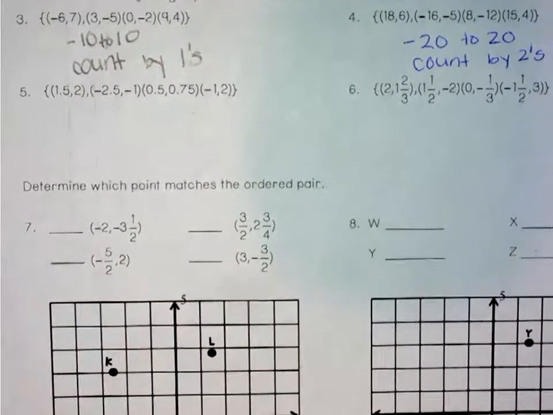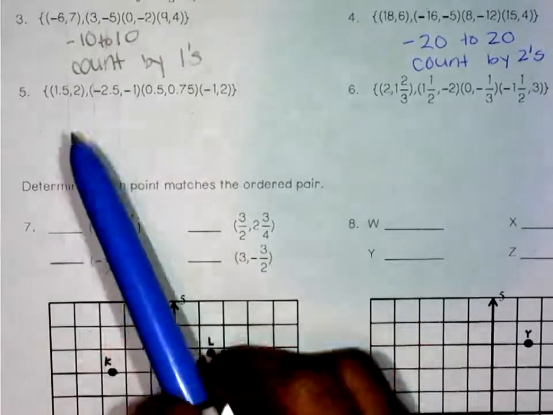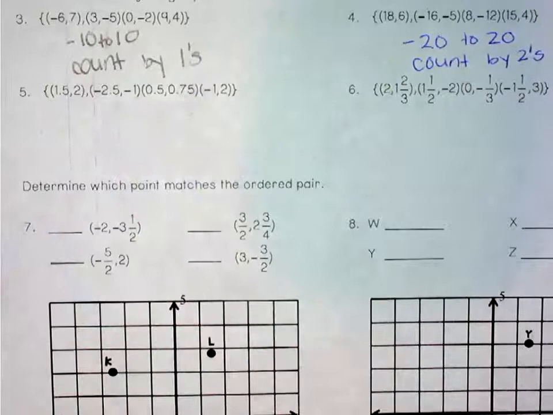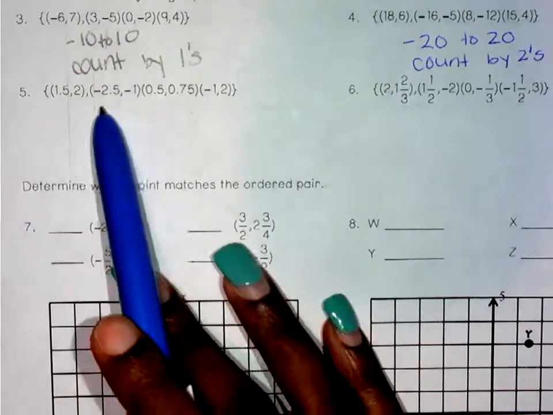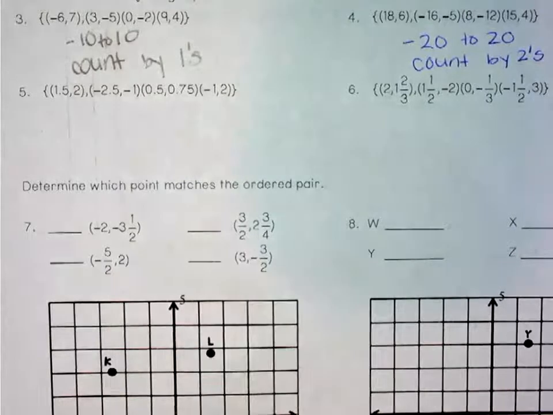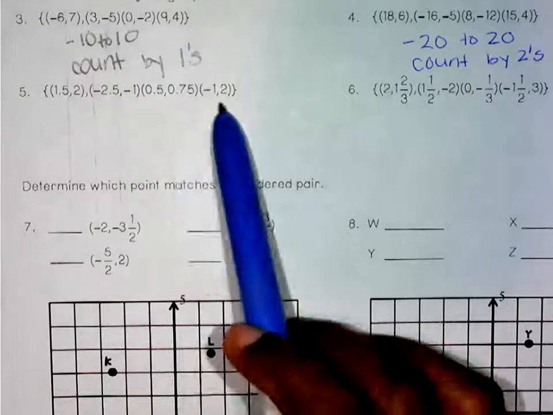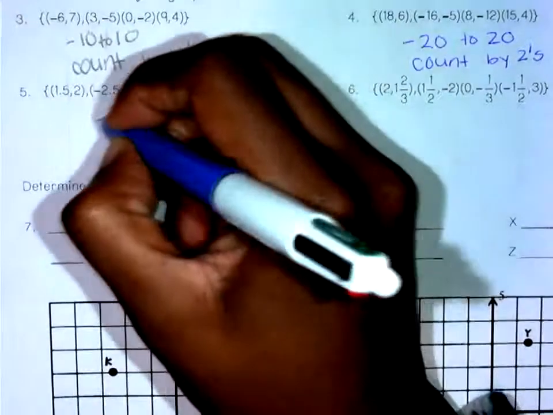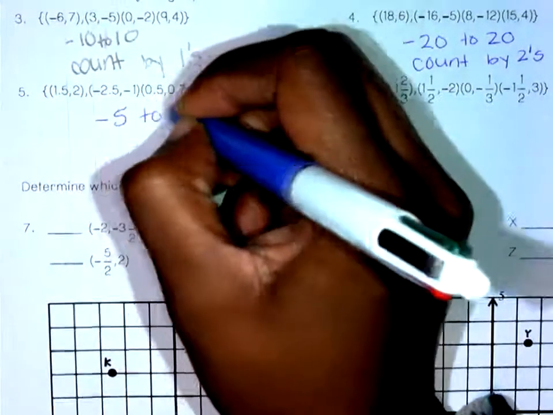For number 5, it looks a little tricky. I see some decimals in here. So now I need to figure out my highest number, and it looks like 2 is actually the highest number. So at least a scale to 5 would do. I'm going to do -5 to 5.